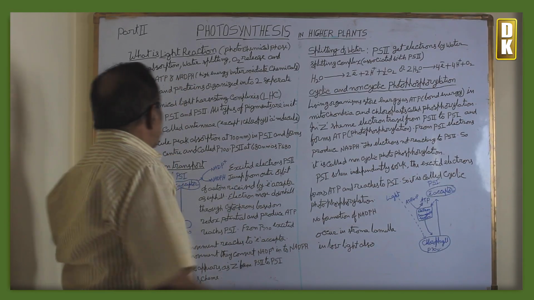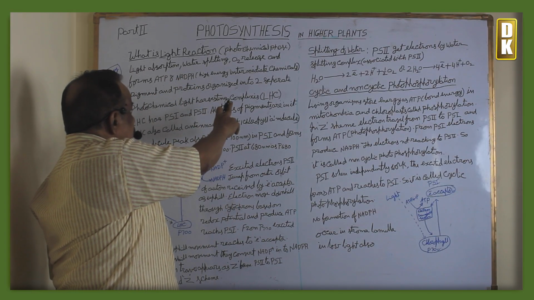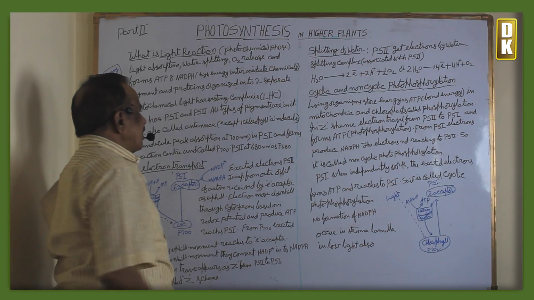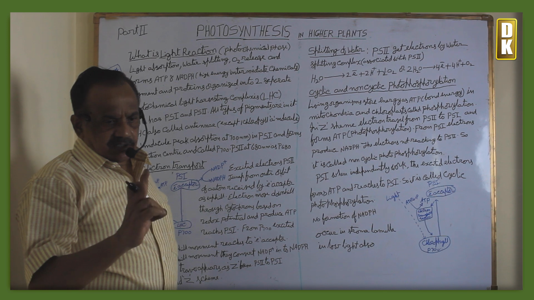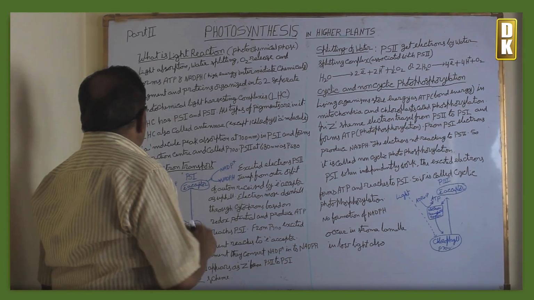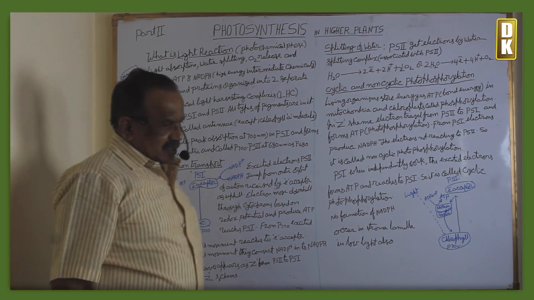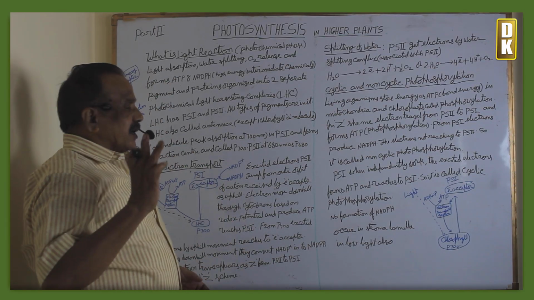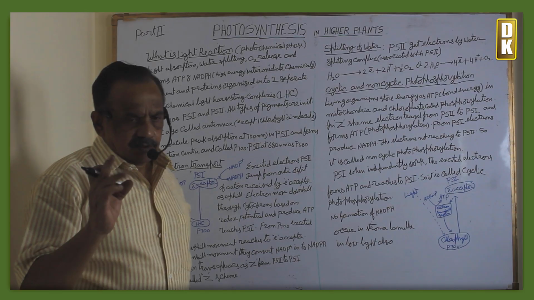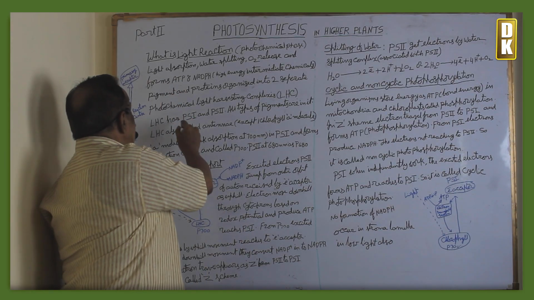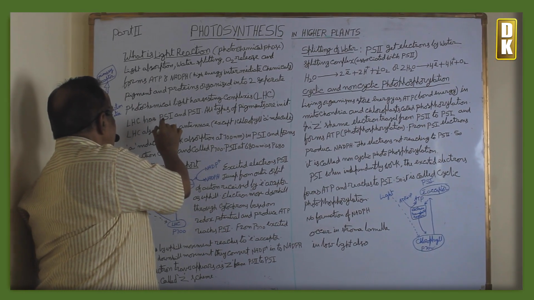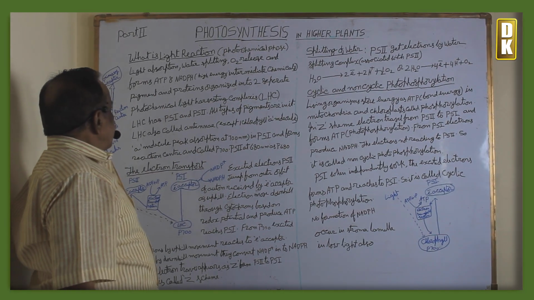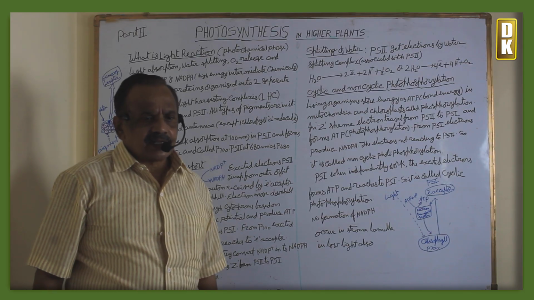The pigments and proteins are organized into two separate light harvesting complexes: the first is PS1, photosystem 1, and the second is photosystem 2.